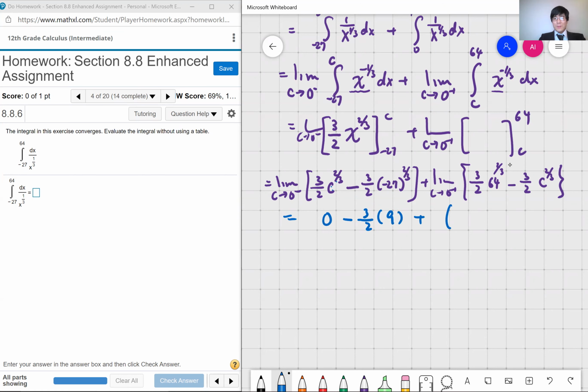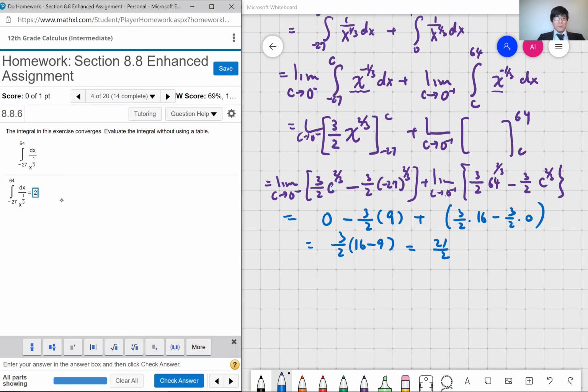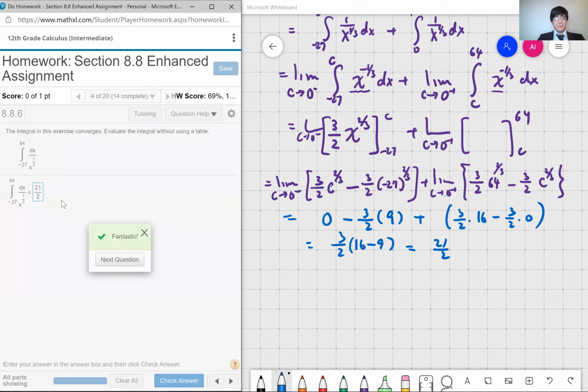And this is going to be 3/2 times 4, 16. And 0 to the power of 2/3 will become 0. So the answer will be 16 minus 9 times 3/2, which is 21/2. So the answer is 21/2.